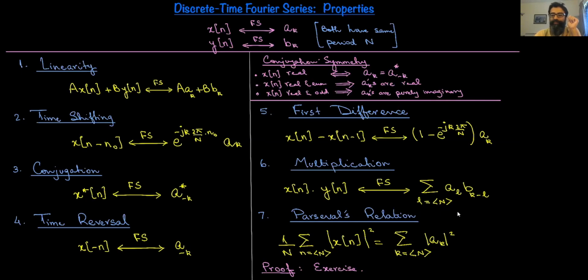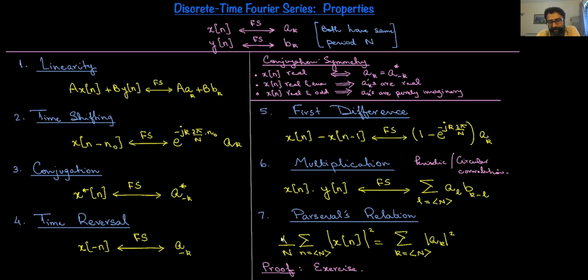This is, of course, different than discrete time convolution. I am not going to do a proof for this. I'll leave this off as an exercise. But just for your information, this convolution is basically called periodic, or sometimes circular convolution. And I will not go into a lot of details about this. Finally, Parseval's relationship is more or less the same as in the continuous time case as well.